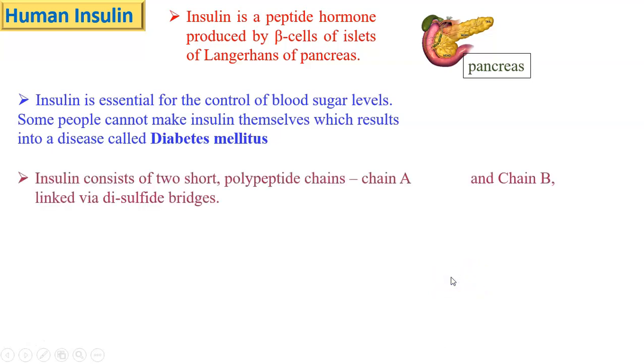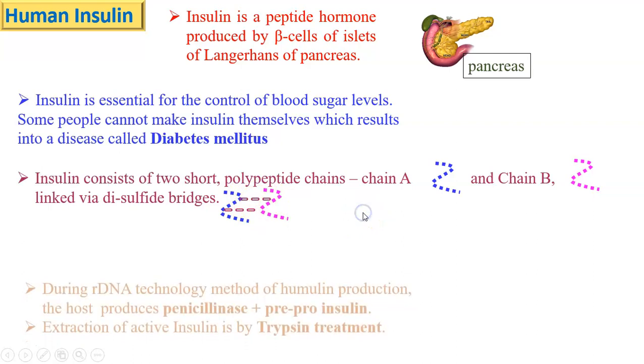If we see the molecular structure, insulin has two short polypeptide chains, chain A and chain B, and these two chains are linked via disulfide bridges. Each connecting link has two sulfur atoms and therefore it is a disulfide bridge.